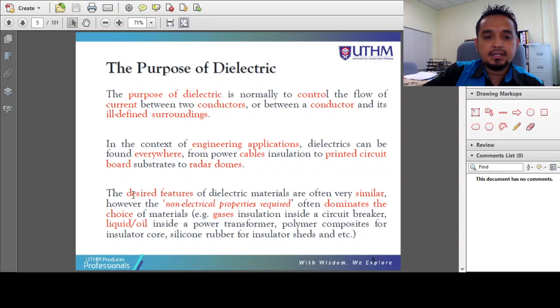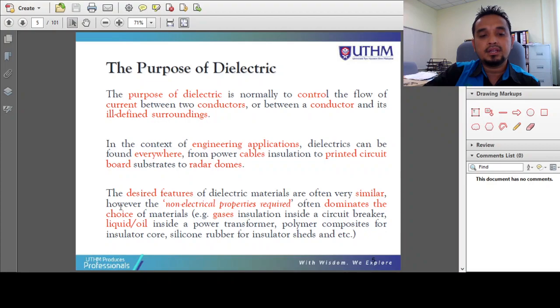The desired features of dielectric materials. When selecting the dielectric material for an application, engineers will always look at non-electrical properties as the top priority.